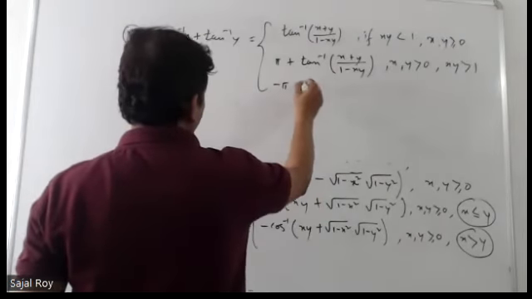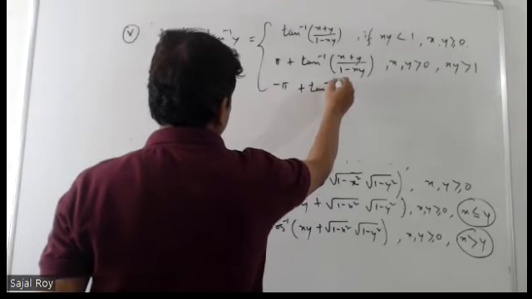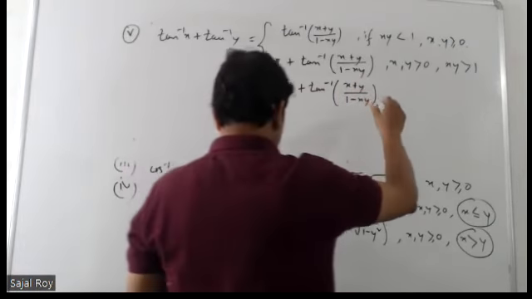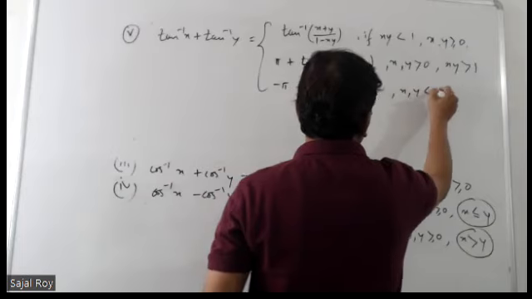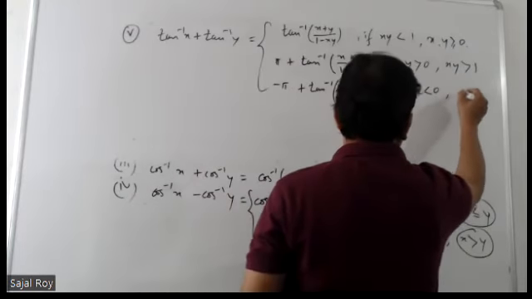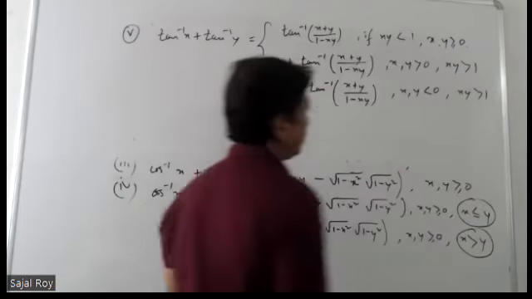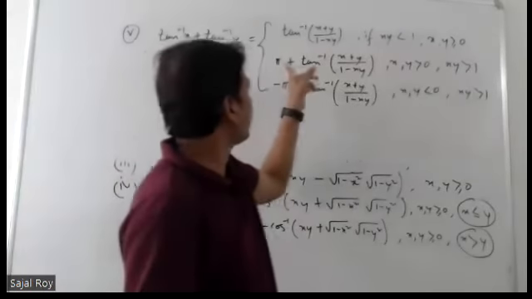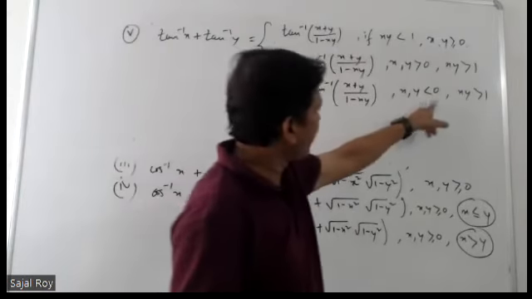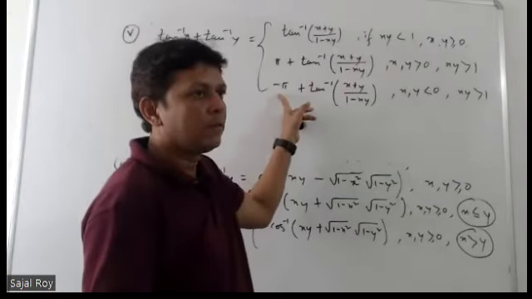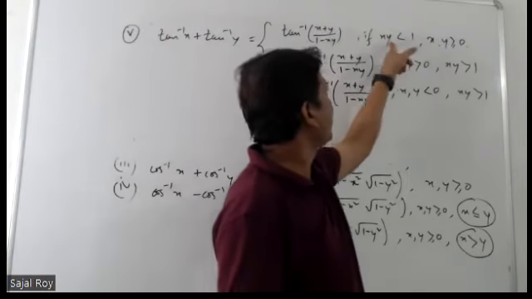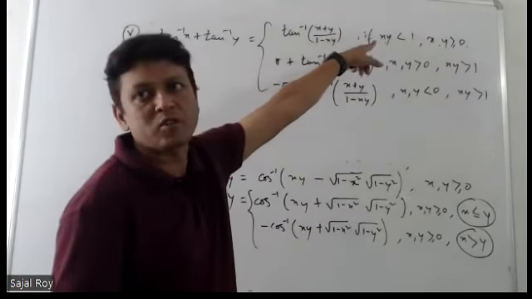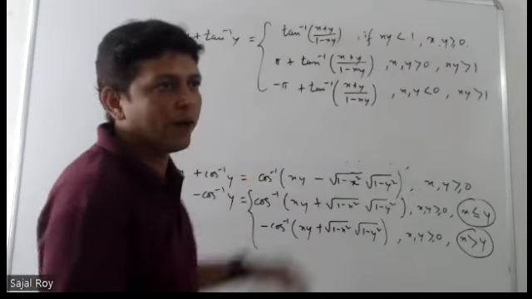And minus pi plus tan inverse, if x, y less than 0 and xy more than 1. If it is positive and more than 1, if it is negative and more than 1, and if it is positive and less than 1, only this. So this relation will be valid if and only if xy is less than 1. Otherwise, you cannot use it.